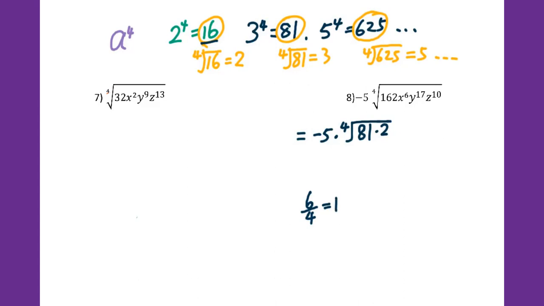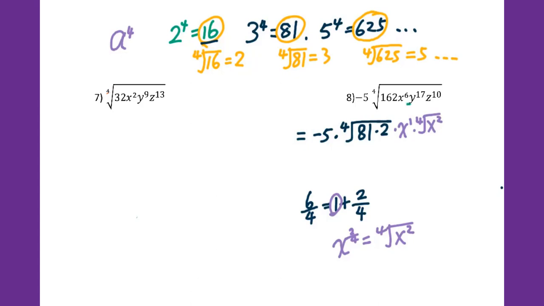You will get 1 plus 2 over 4. So you will write down x to the 1st power. Then you will get the 4th root of x squared. For 2 over 4, x to the 2 over 4th power, you will get the 4th root of x squared.